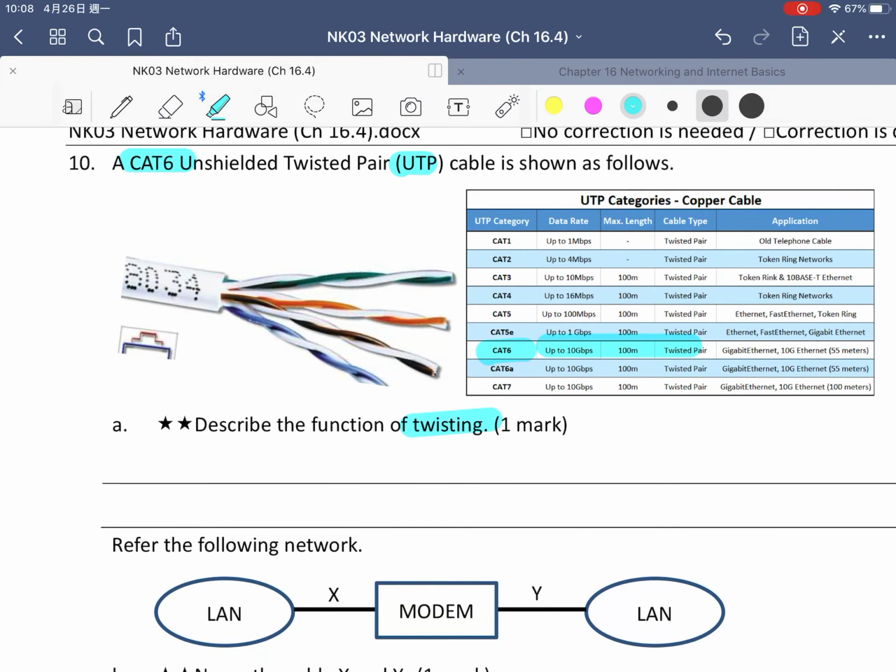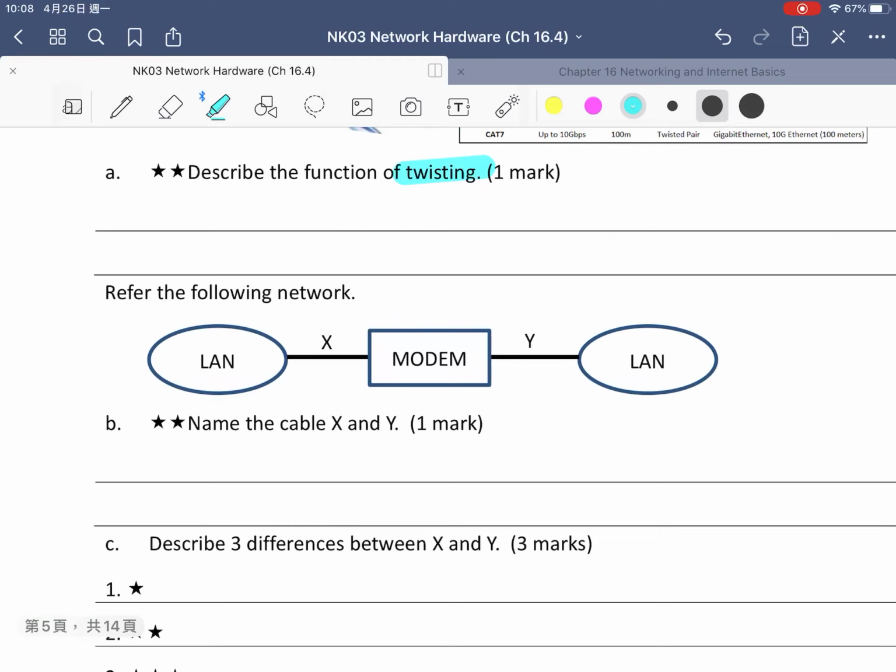Functional twisting, you can find out the answer in the notes. And then there is a problem in the diagram. This one should be internet, and it is a modem. Okay, you have to find out the diagram about the modem.